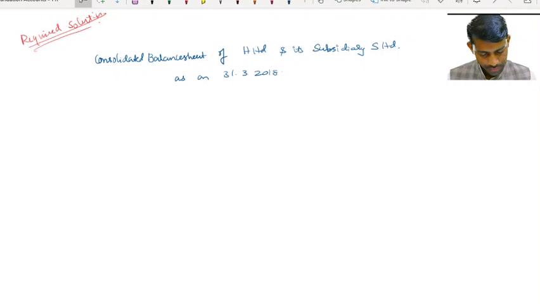To start with, first is assets, note, amount.